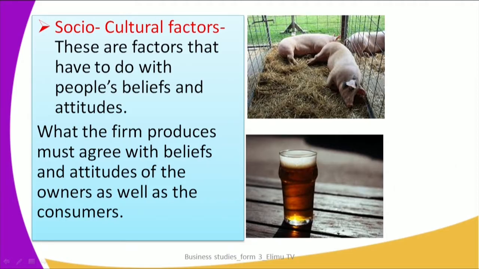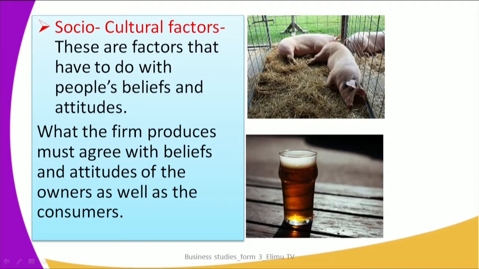Another example would be putting up a business in a Christian community, then you start selling alcohol. That one cannot work, because you'll find that Christian communities do not agree, or their beliefs do not allow them to take alcohol.